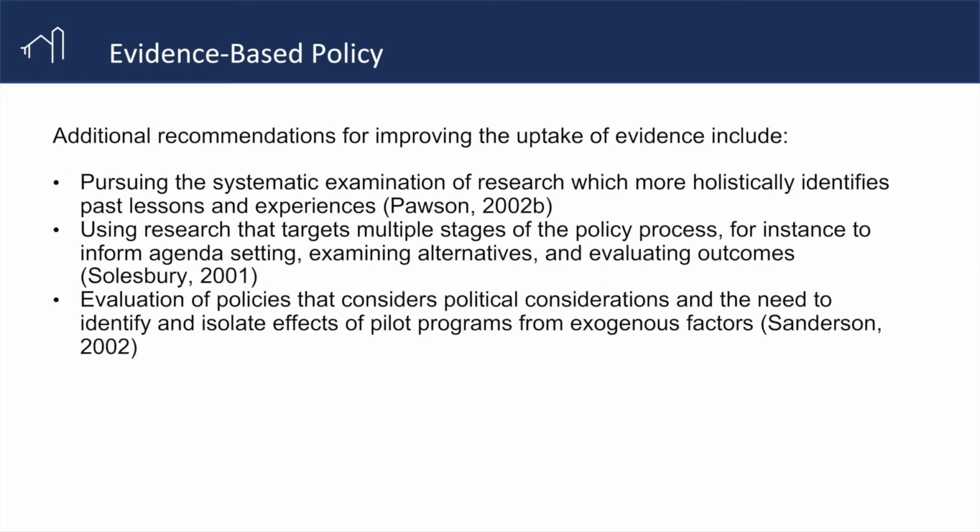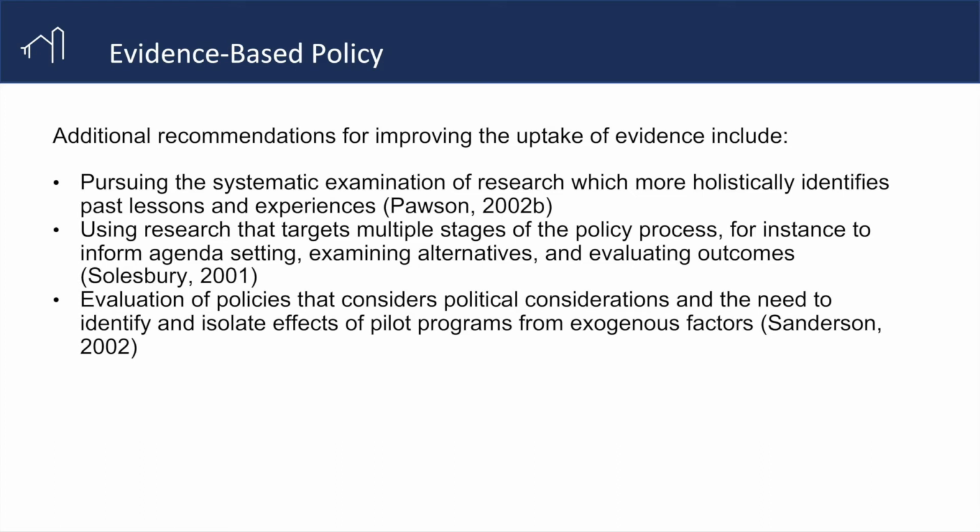Other studies that have looked at how we can more effectively facilitate the uptake of evidence in policymaking include pursuing the systematic examination of research, which more holistically identifies past lessons and experiences. In other words, not just using research from one time period or research that is segmented, but looking at the entire collection of research on a particular issue.